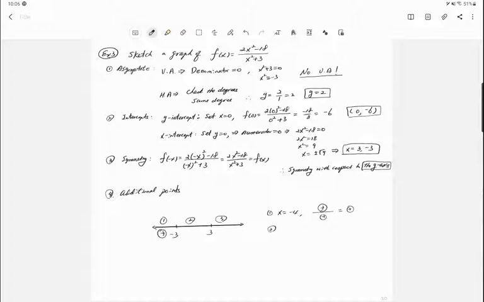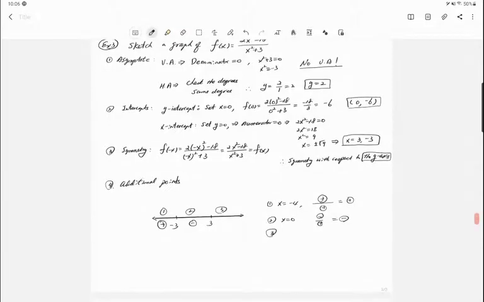If x is between these two, let's use x equals 0; anything is fine. We already found when x equals 0, it is negative over positive, which is negative. That's the negative part. Then the third interval: if x equals 4, this is symmetric, so it's got to be positive.